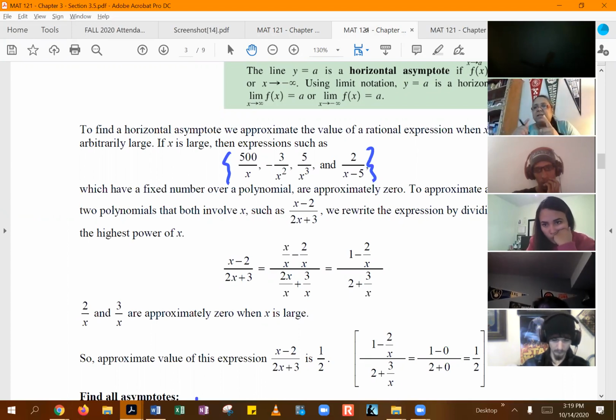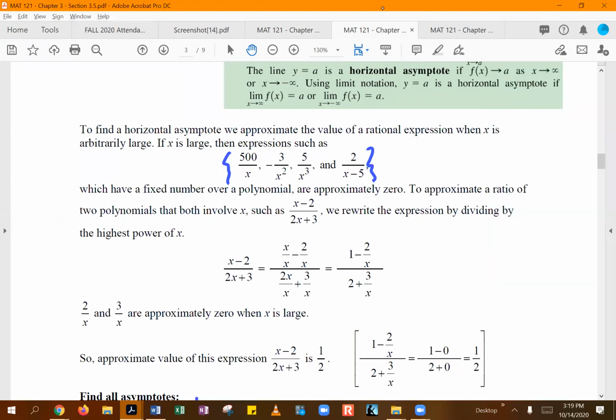These are like the limits we talked about with our leading coefficient test in the previous section. What happens in this case is we take the highest degree of our polynomial, which here happens to be that x, and we take each term of our rational function, numerator and denominator, and divide it by these x values, whatever the highest degree of x is in your rational function.